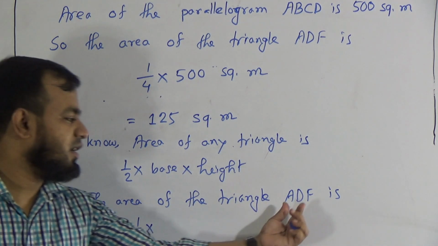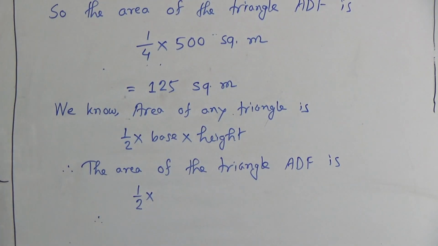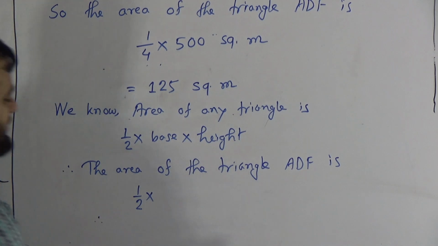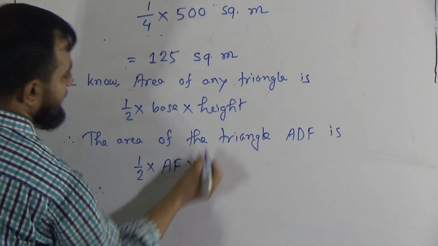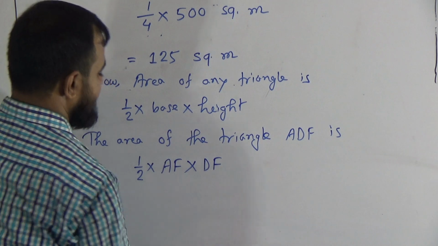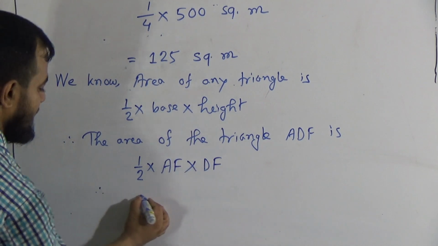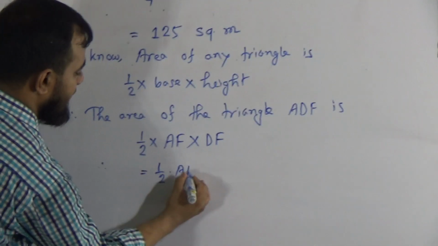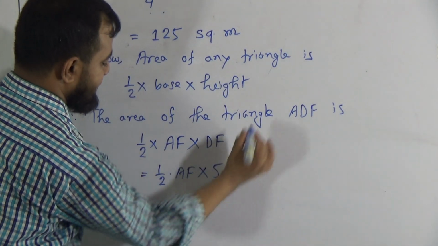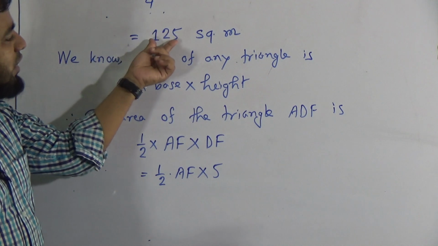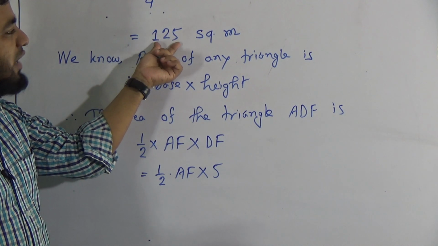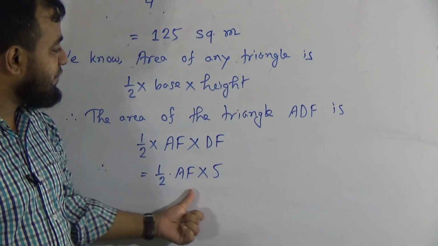Looking at the figure, the base of triangle ADF is AF and the height is DF. So it is half into AF into DF, and the value of DF is 5. This is the area of triangle ADF, and the area of the triangle is 125. That means 125 is equal to half into AF into 5.